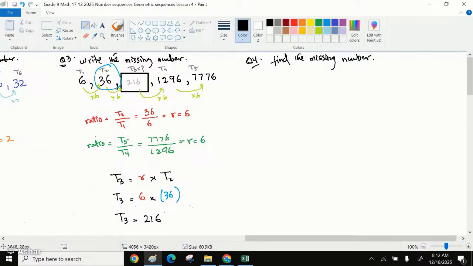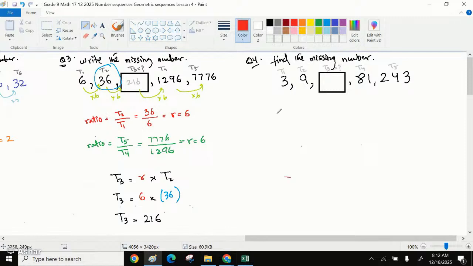The numbers given are 3, 9, the term number 3 is missing, and then we have 81, and then 243. First, we label them as term number 1, term number 2, term number 3 we need to find, term number 4, and term number 5.